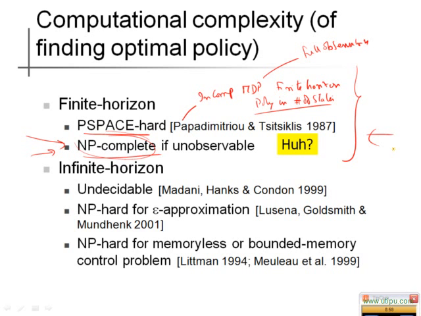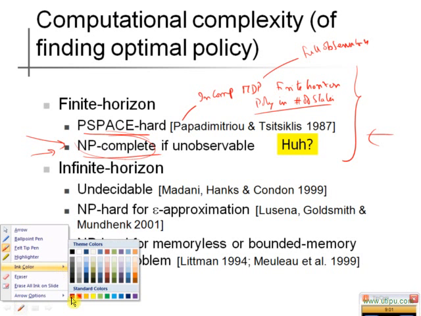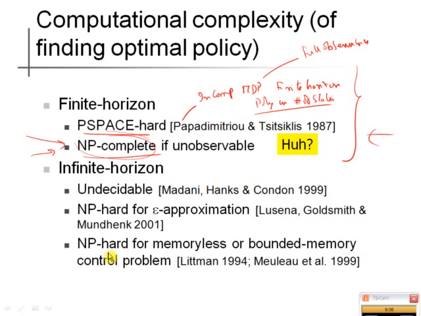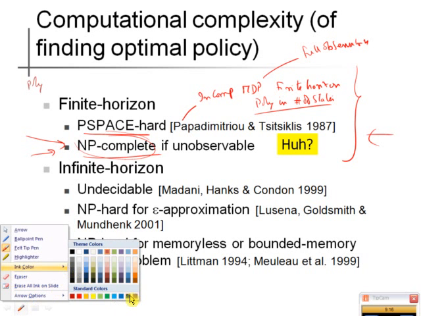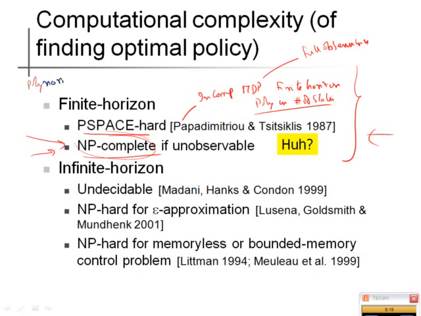Now, when we were in MDPs, we were considering the fact that polynomial in the number of states is not such a great thing, right? Why? It is better than exponential in the number of states, but it is not such a great thing because you can have too many states.